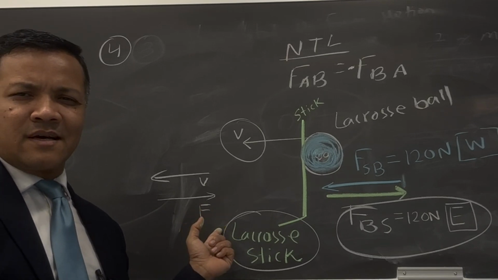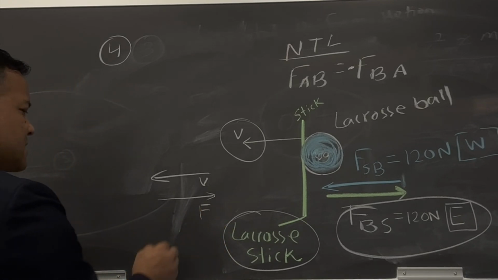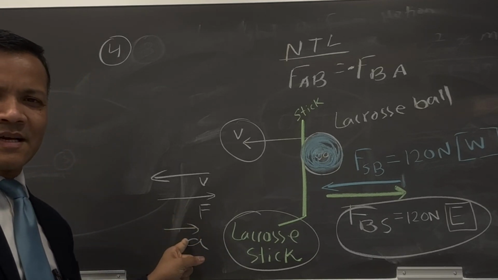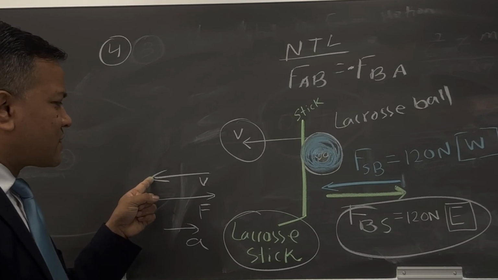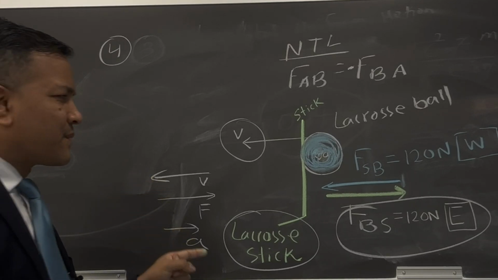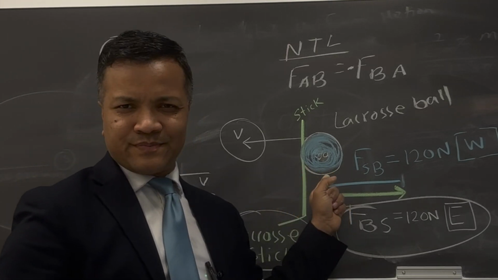Since acceleration comes from force, the acceleration vector is also in this direction. Since the velocity vector is opposite to the force and acceleration vector, this ball comes to rest.